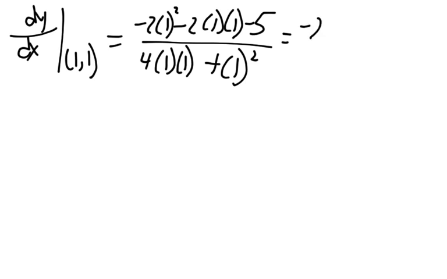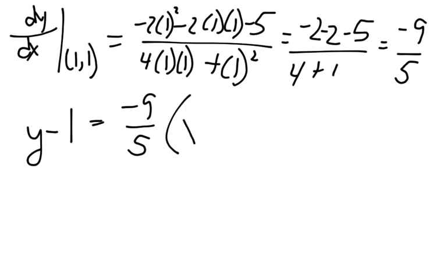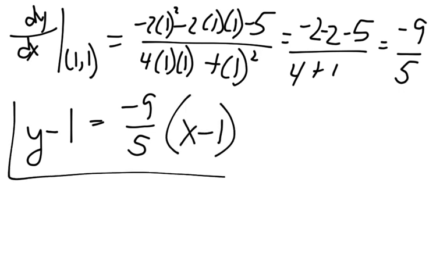So that's negative 2 minus 5 over 4 plus 1, which is negative 9/5. So this is going to be y minus 1 equals negative 9/5 times (x minus 1). And that's the answer for the other tangent line.